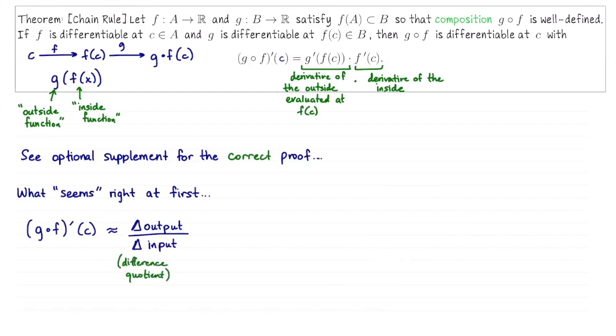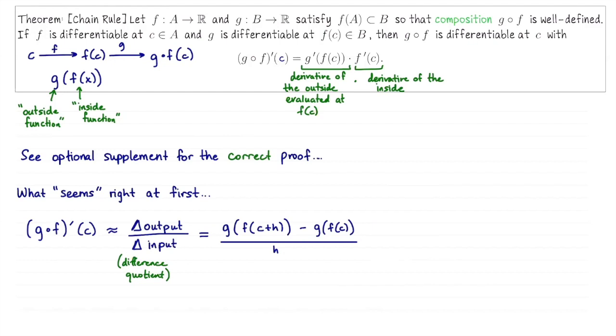So the change in output would be g of f of c plus h minus g of f of c, all over c plus h minus c. So all over h. This is definitely the correct thing to write down. This is rise over run. If we could evaluate this limit as h goes to 0, that would be the derivative.